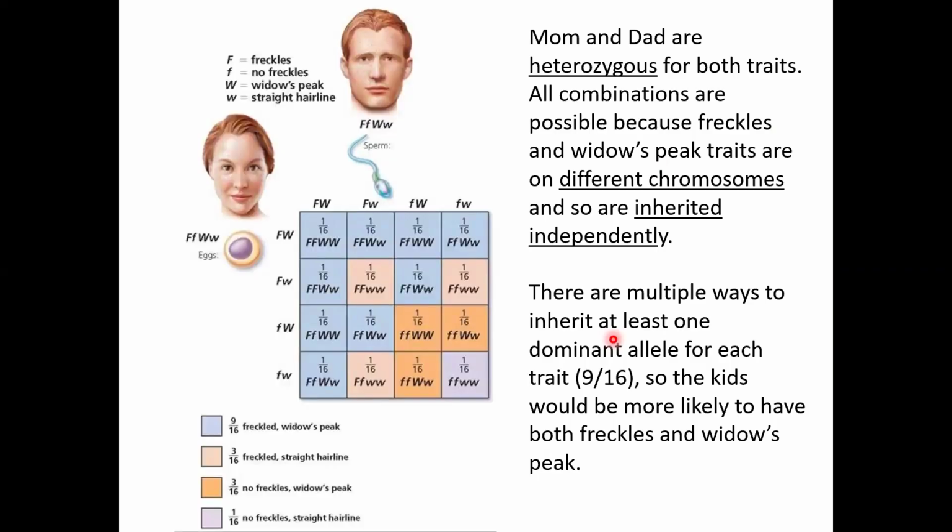So back to Ellen and Bob, they showed that same pattern, where 9 kids would have the dominant traits, and then it goes into the other phenotypes like these.